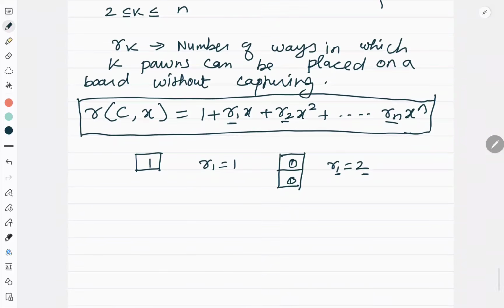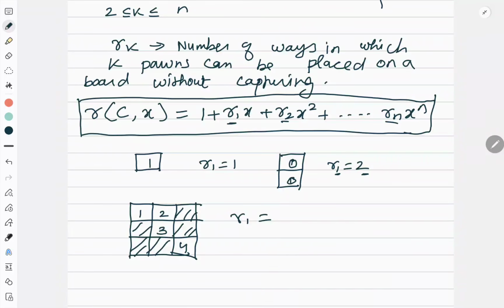For example, if I have a little bit big board, suppose this is the board. And the available positions are 1, 2, 3 and 4. Remaining are blocked positions. So how many ways I can place one pawn? So R1 is equal to how many places? 1 place, 2 place, 3 place, 4 place.